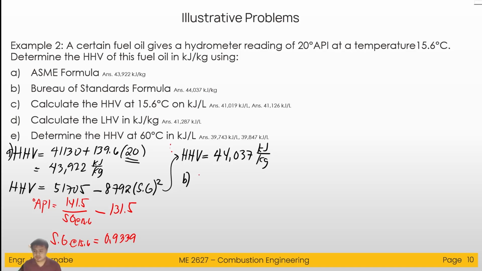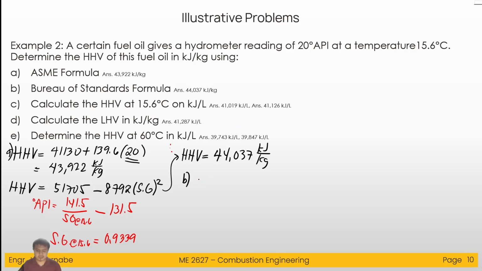So for the heating value in kilojoules per liter, it is not explicitly said, so we have to use the answers here, the estimate and the standard formula. Basically, if you want to find the heating value in terms of kilojoules per liter, you just multiply by the density.